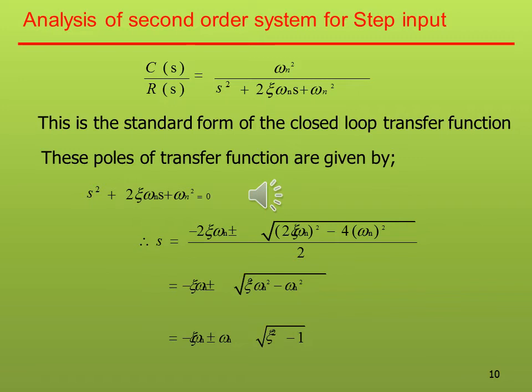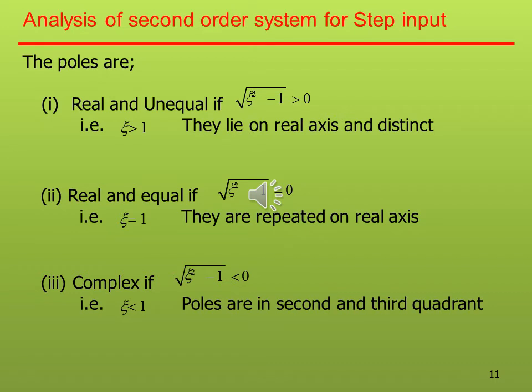Simplifying this, we will get minus zeta omega n plus minus omega n root of zeta square minus 1. From this, we can predict the poles.